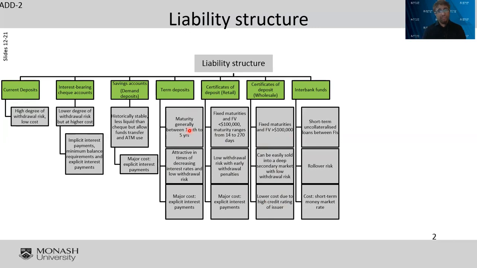We have the interbank funds. We can borrow from the banks. And it's a very active market, whether you are talking about the exchange settlement account or the interbank market. This is short term. It is not guaranteed or collateralized. And this is between financial institutions.